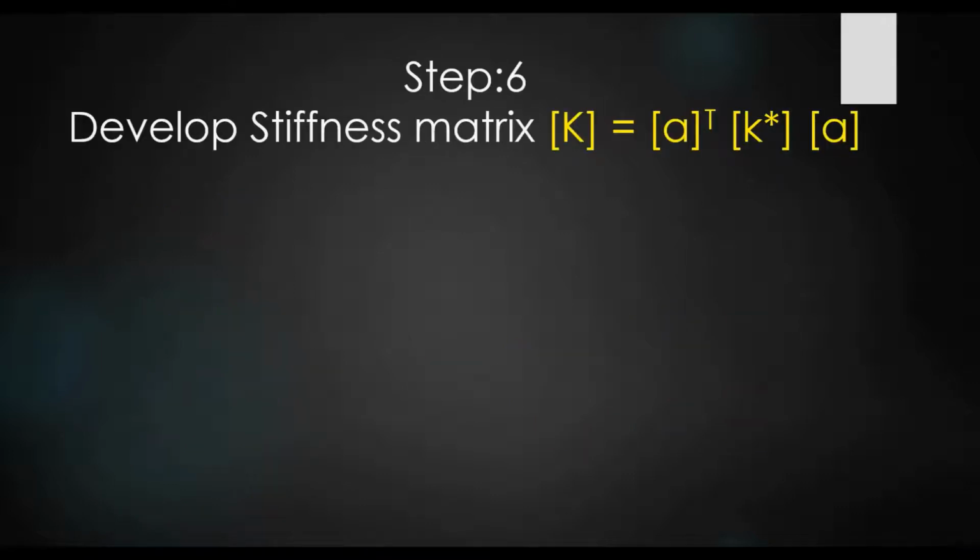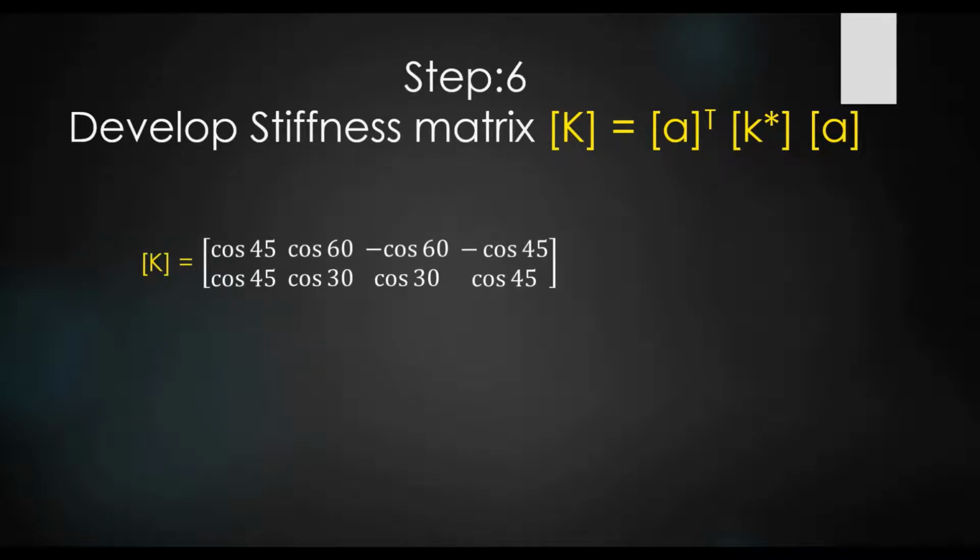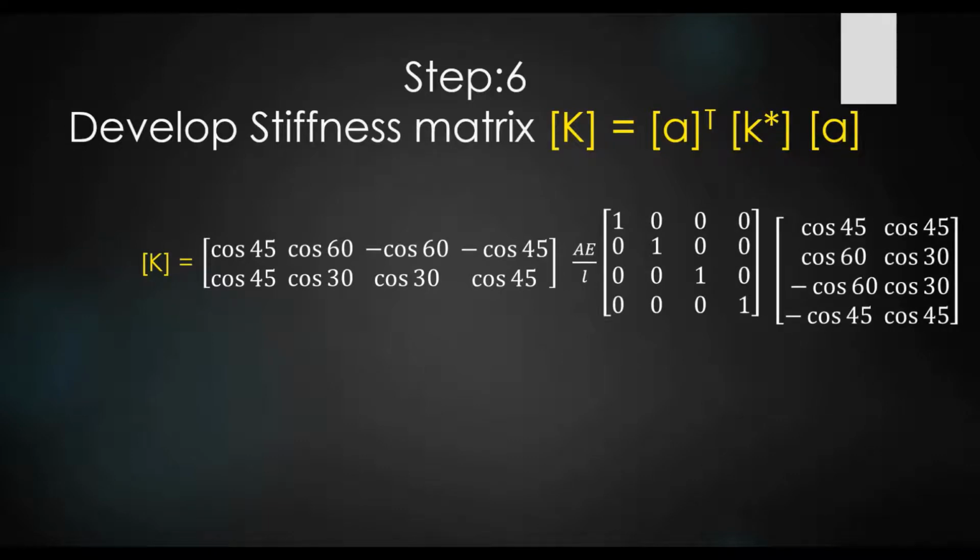Now moving to step 6, that is to develop the stiffness matrix. We have the equation K is equal to A transpose K star into A, where A is the displacement transformation matrix and K star is the element stiffness matrix of the structure. So we just find the product of A transpose, K star and A. When you do the calculation, you will get K is equal to AE by L into 1.5, 0, 0 and 2.5.